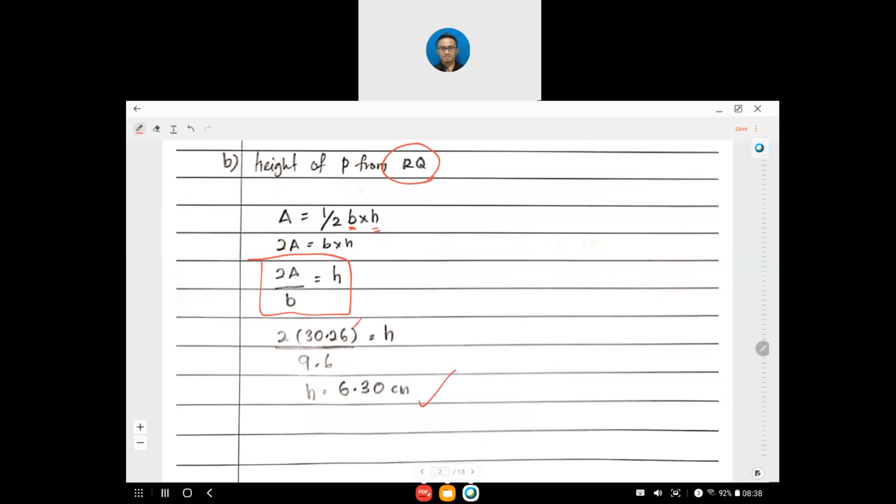Okay, any problems? And there are a lot of ways to get this value, not only this method, not only this method to get the height of P.